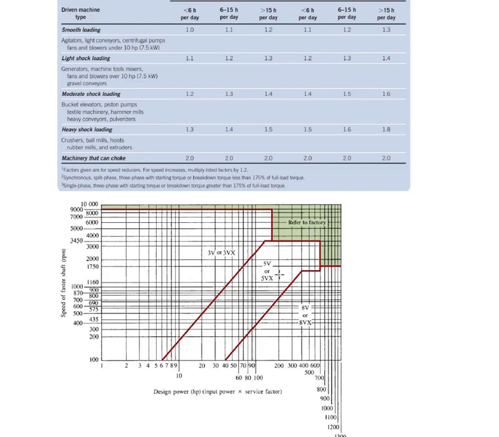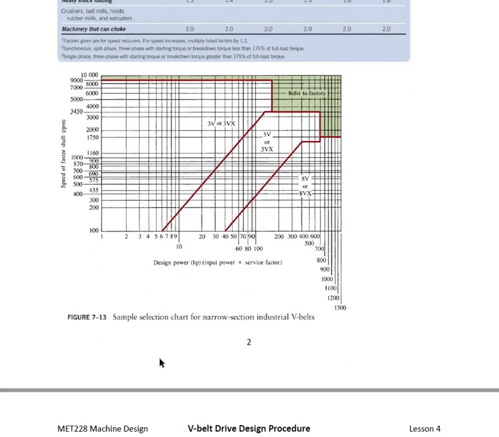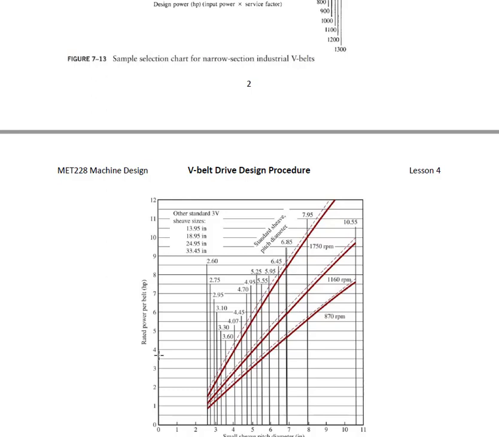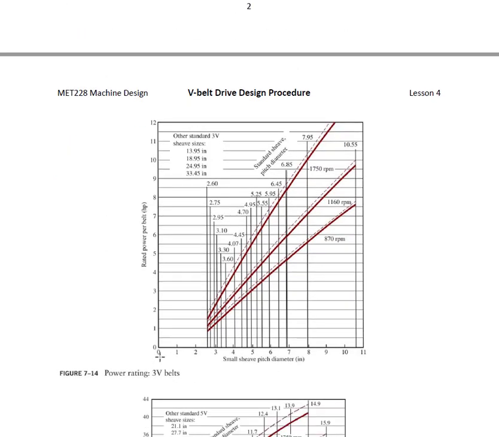The number 3, 5, or 8 is the belt section width in eighths of an inch. So this is a whole 1 inch, this is 5/8, and this is 3/8. Based on the design power and the speed, you pick which belt section to use in this chart. This chart over here talks about the power ratings of the 3V belts.